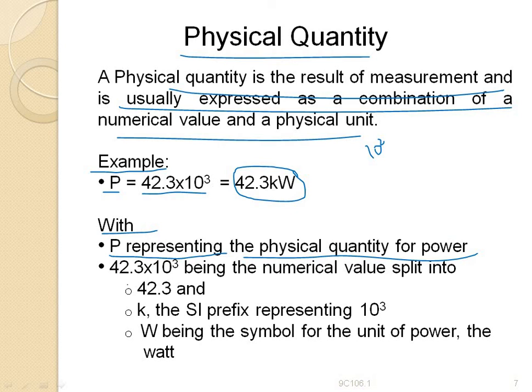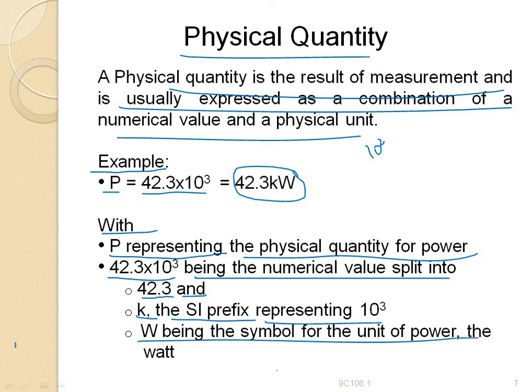Here 42.3 into 10 cube is the numerical value, split into 42.3 and k, the SI prefix representing 10 cube. And W is the symbol for the unit of power, the watt.